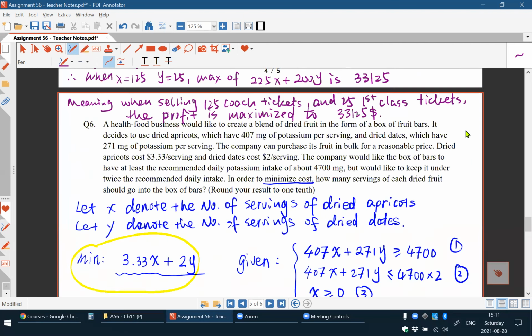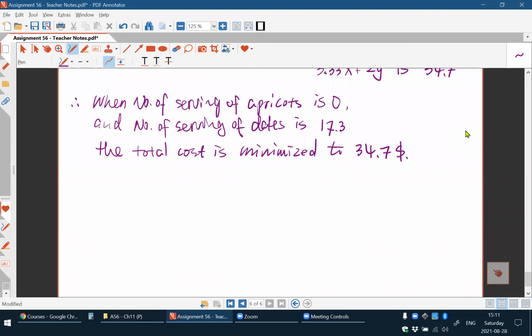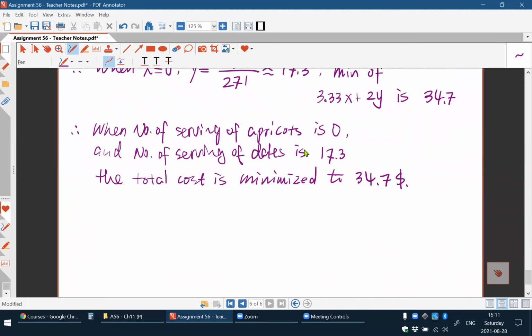Right? Okay, so the final conclusion is when the number of servings of dried apricots is 0 and the number of servings of dried dates is 17.3, the total cost is minimized to $34.7.